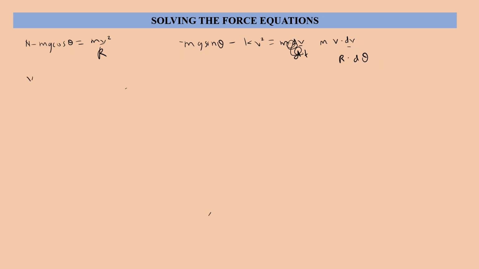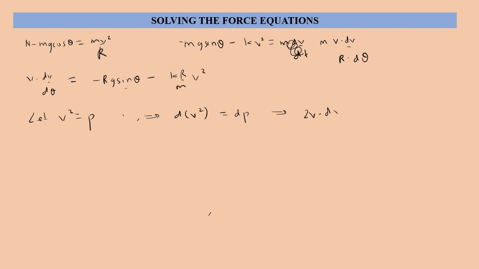We can write it down as v dv over d theta is negative rg sine theta minus kr upon m v square. Introduce a change of variable. Let v square equal another variable p. Taking differentials, we get d of v square is a differential change in p, and by chain rule d of v square is 2v times dv.